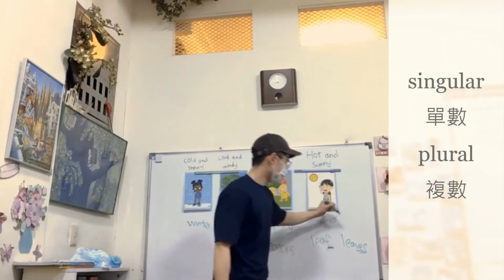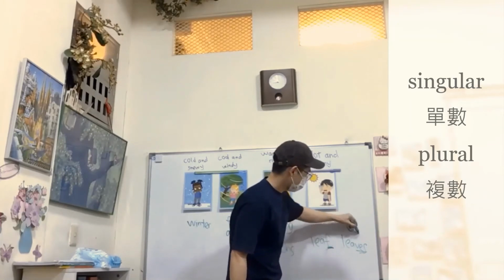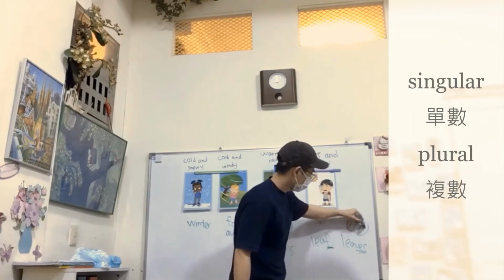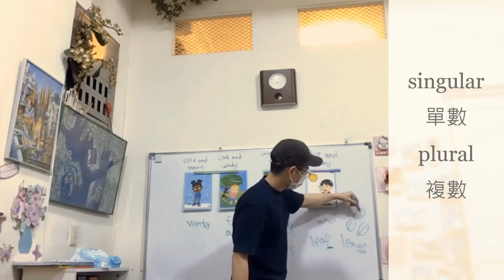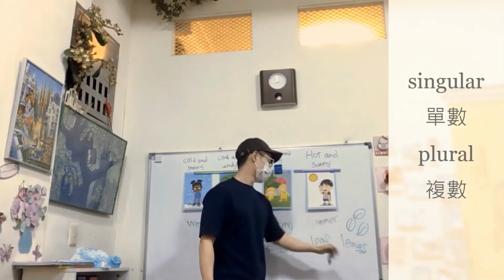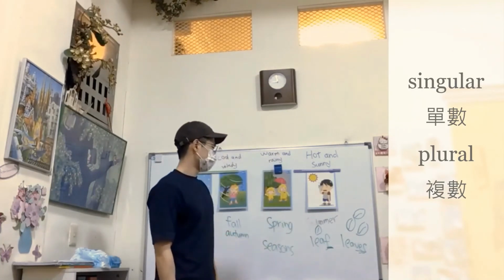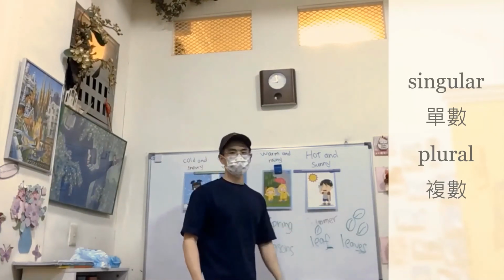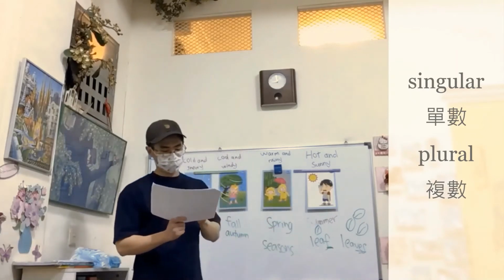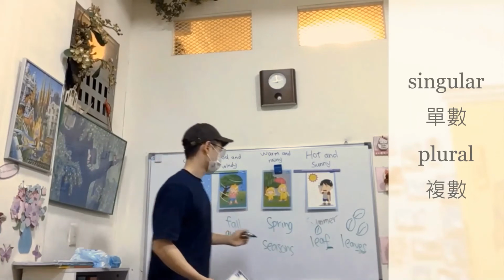Okay? So I'll draw a picture for you to see. Alright, so there are 3 leaves here, whereas there's only 1 leaf here, alright? So, okay, this is the difference. Make sure you can understand. Okay? Similarly, we have the word flower, right? Flower.